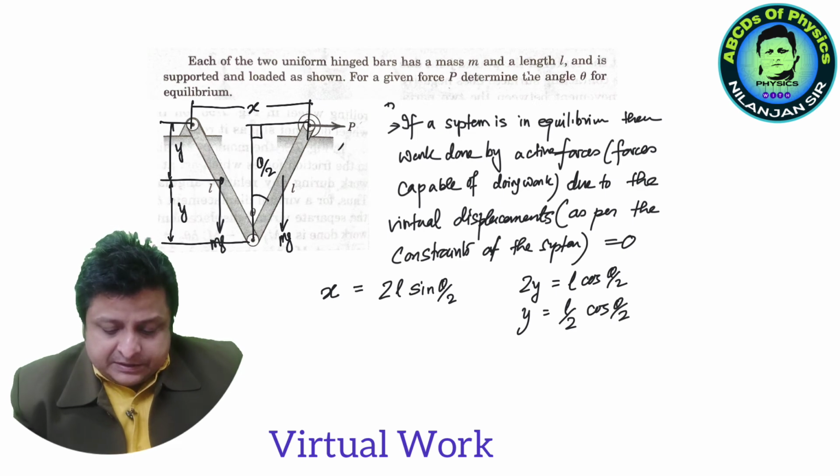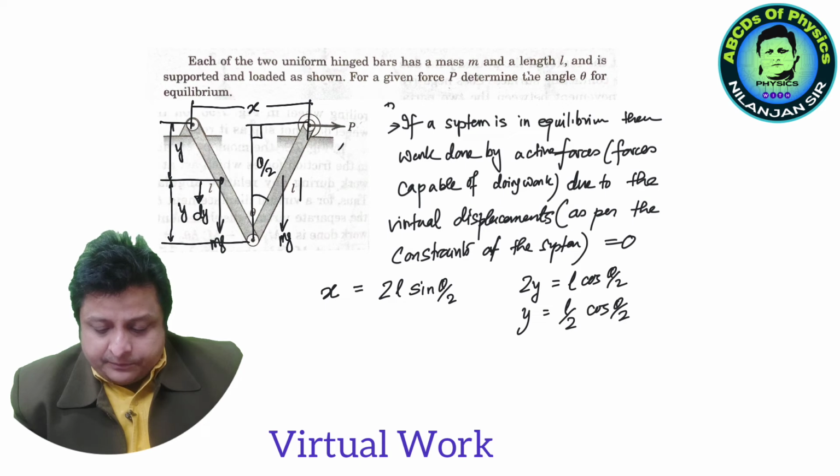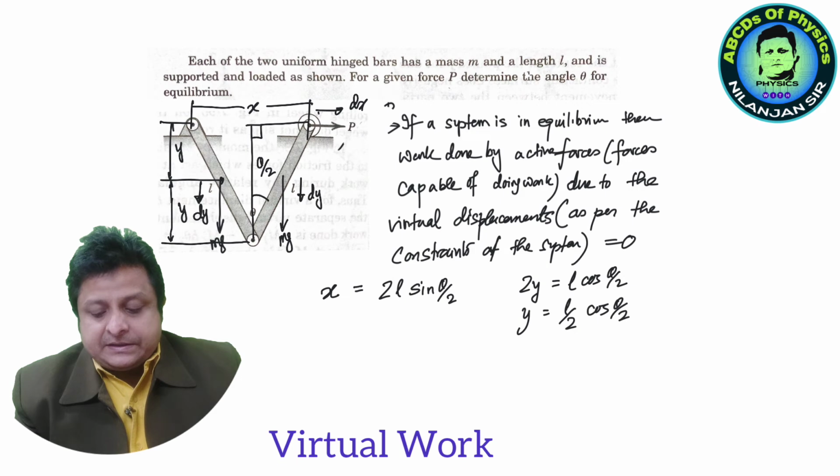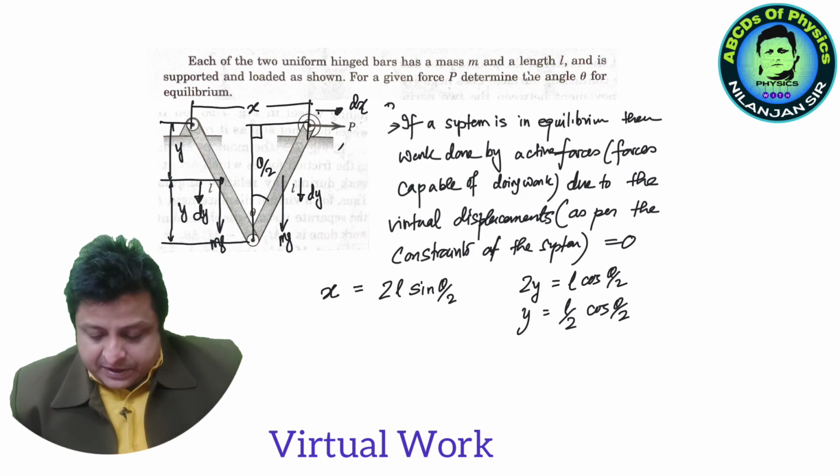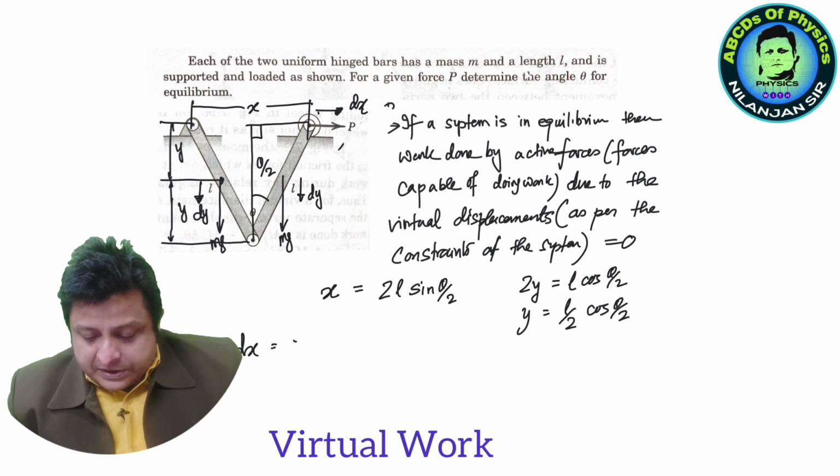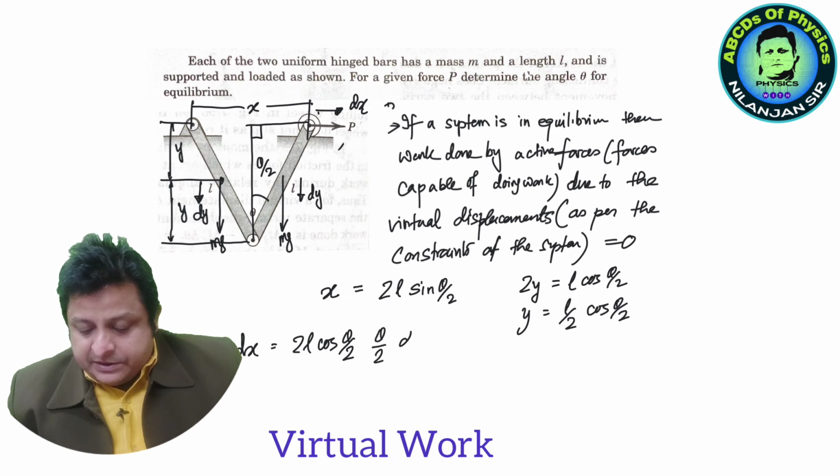Now this small displacement downward will be dy for both, and this small displacement will be dx. Now let's find out dx and dy. So dx equals 2L cos theta by 2 times a half, multiplied by d theta.